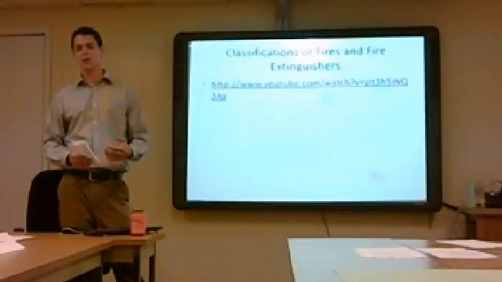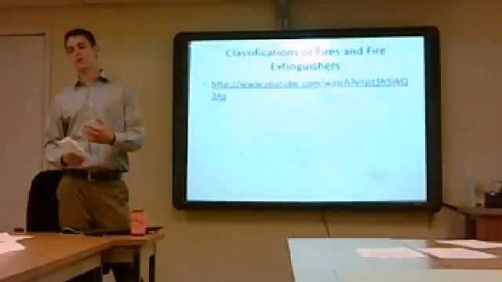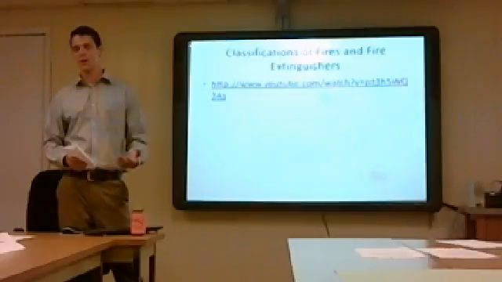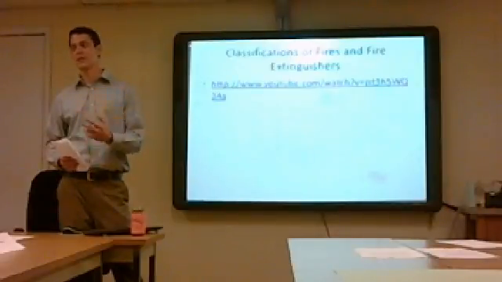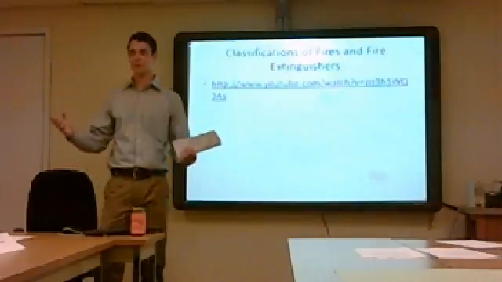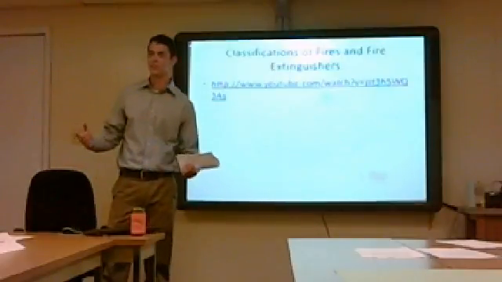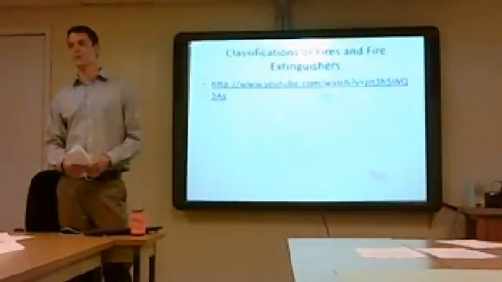The recommended fire extinguisher is a purple K. And does anybody know why they call it purple K? Because it's made of potassium. Right. The symbol for potassium is what? K, right? So it's purple K.